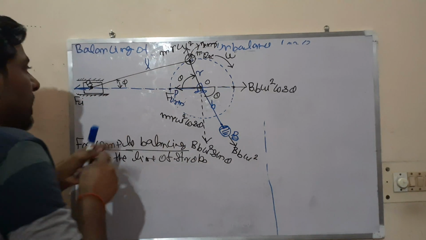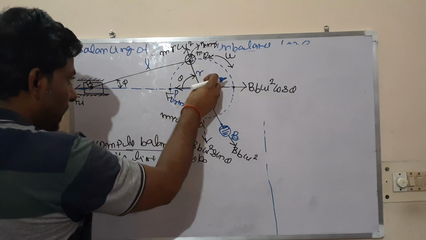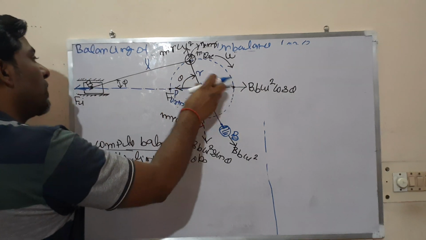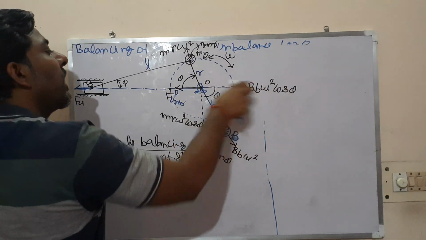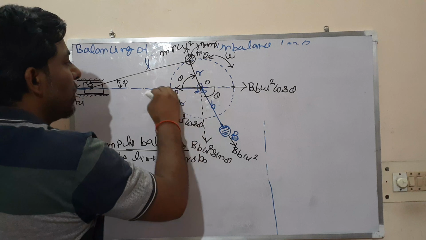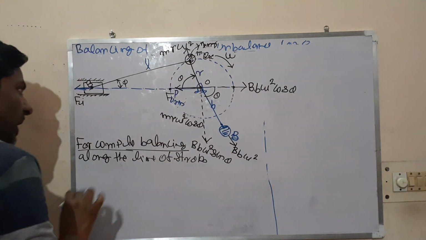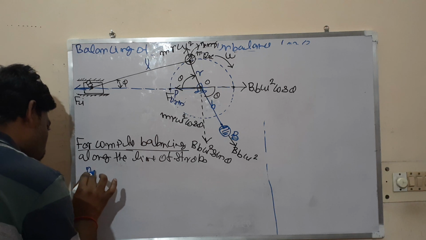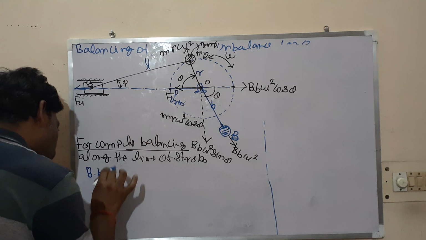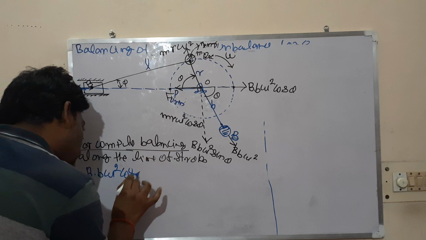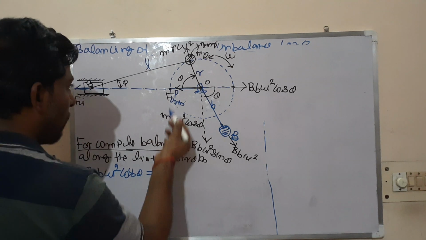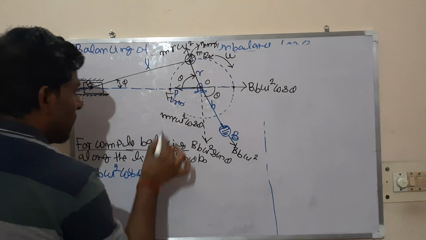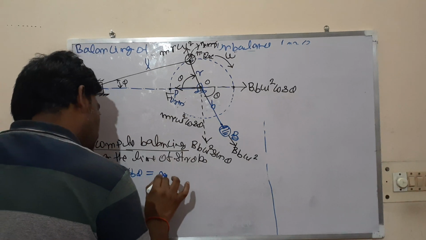you can see that this primary unbalanced force is here, and this BB omega square cos theta is here. So this force can be balanced. So BB omega square cos theta is equal to the primary unbalanced force, m r omega square cos theta.